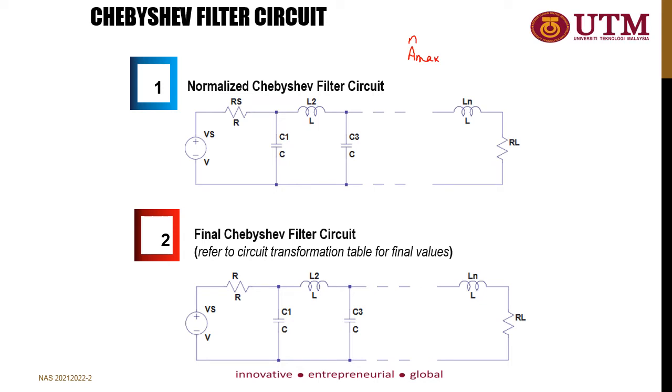The circuit needs to be terminated by a load represented by RL. In the final Chebyshev circuit, you'll have the same configuration, but all R, C, and L values will be converted into new values, and that's the formula to calculate the new R, C and L values.